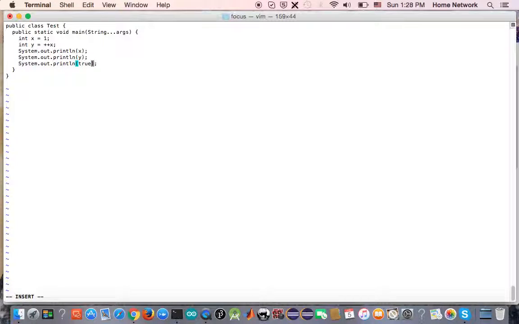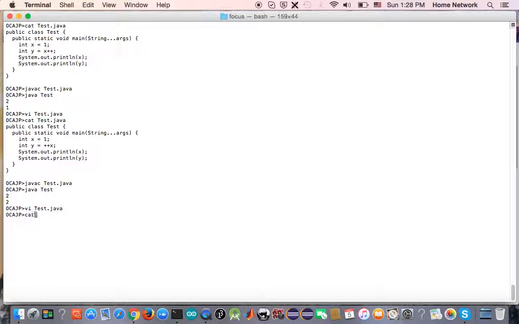Okay, so true and false, we get false. True or false, we get true. True XOR false, we get true because the two sides are different.